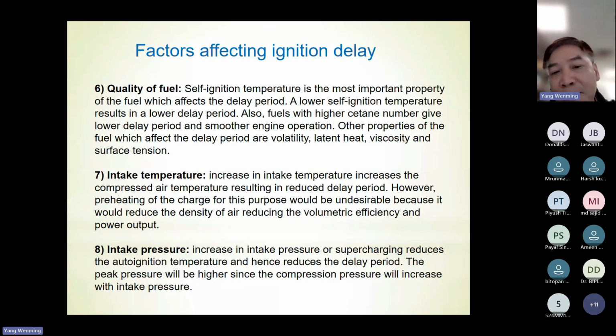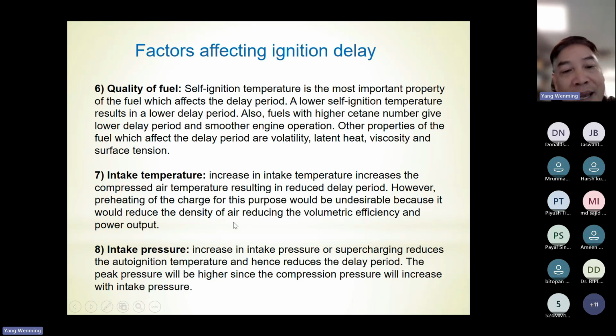By increasing the temperature, the density will drop, correct? So less charge will be supplied to the engine, which means the engine will produce less power, and the power density will drop. So usually we don't preheat the intake air, because this way the engine power and efficiency will drop.